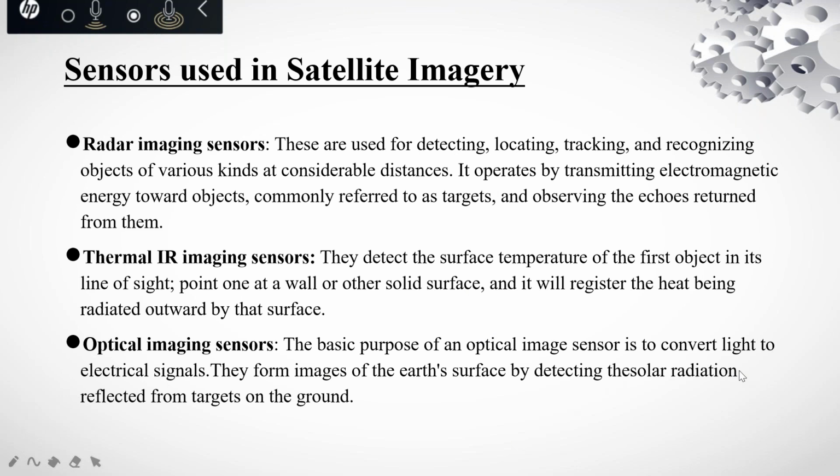Basically, the sun's radiation falls on the surface of the Earth, and the light which is reflected from there is detected by the optical imaging sensors, after which the image is generated.